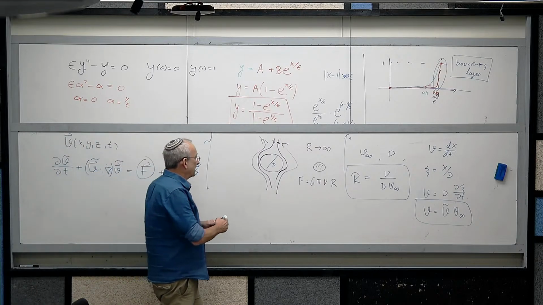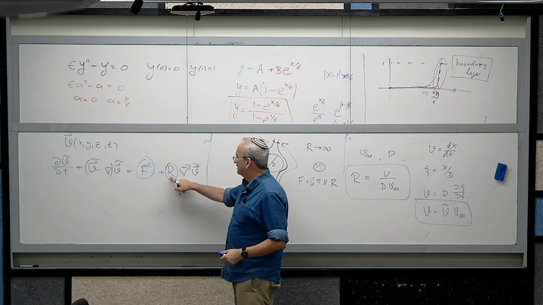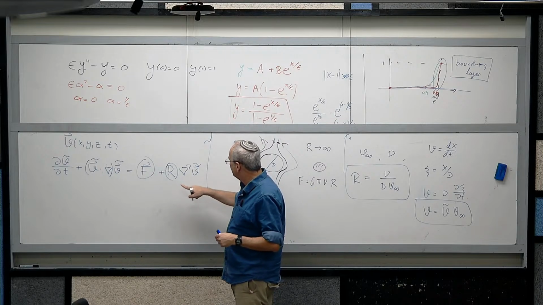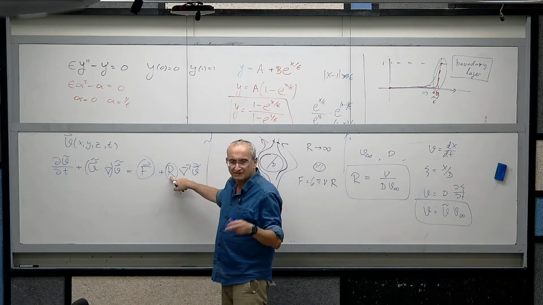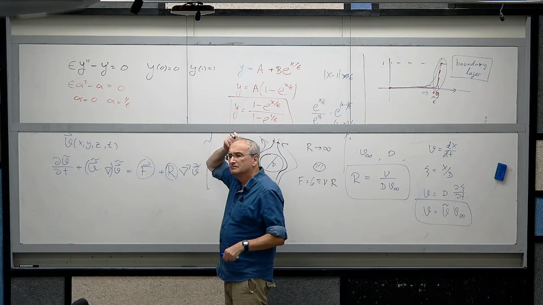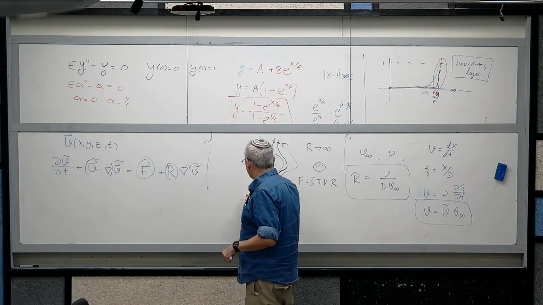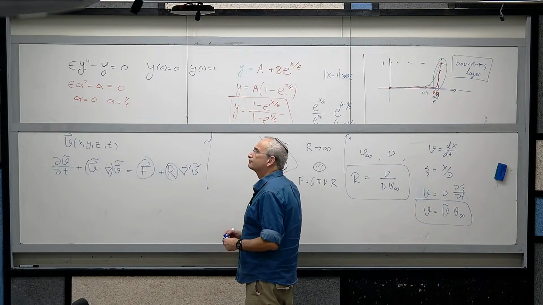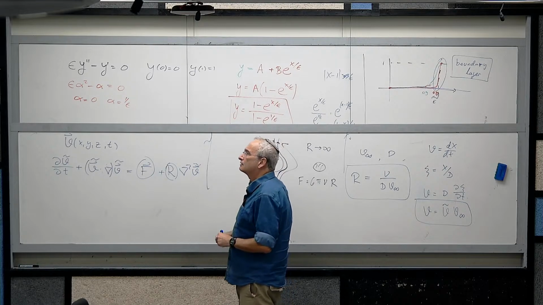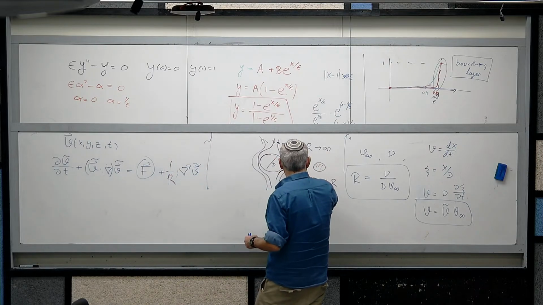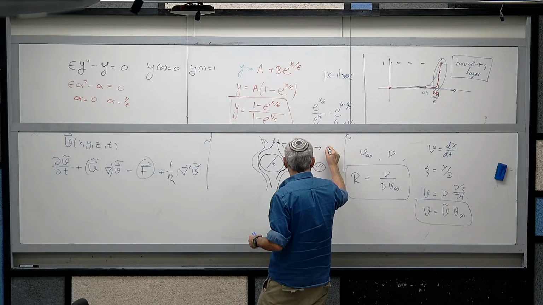However, when you do an experiment and you start taking the Reynolds number to be smaller and smaller, unfortunately, I think that this is 1 over the Reynolds number, but anyhow. So the Stokes flow is when R goes to 0.